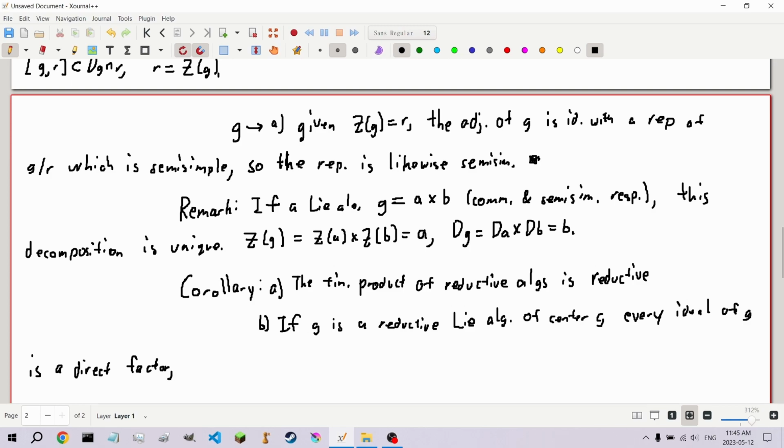We have that every ideal is the product of its intersections with C and DG, and is reductive.